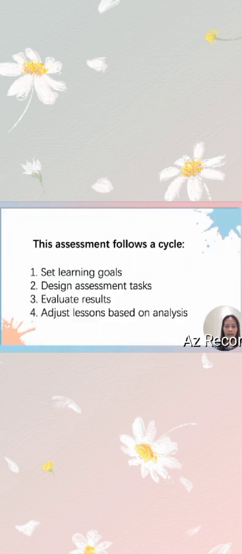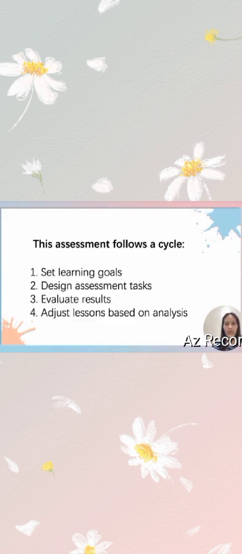So finally, lastly is adjust lessons based on analysis. So you need to make adjustments. If irregular verbs are causing confusion, we might plan a fun game or song to help students remember them.